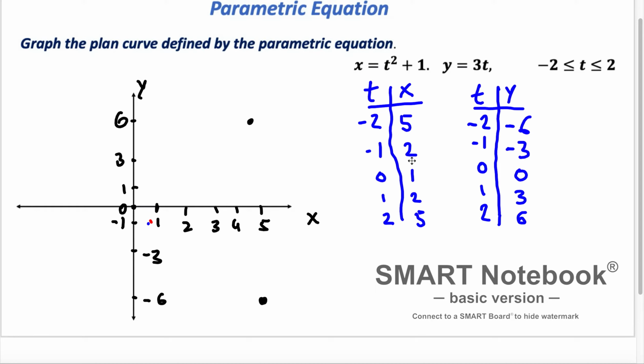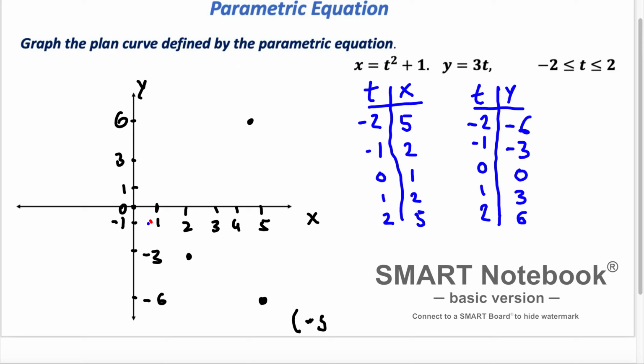Now if x is 2, y is -3, so that's at this point.